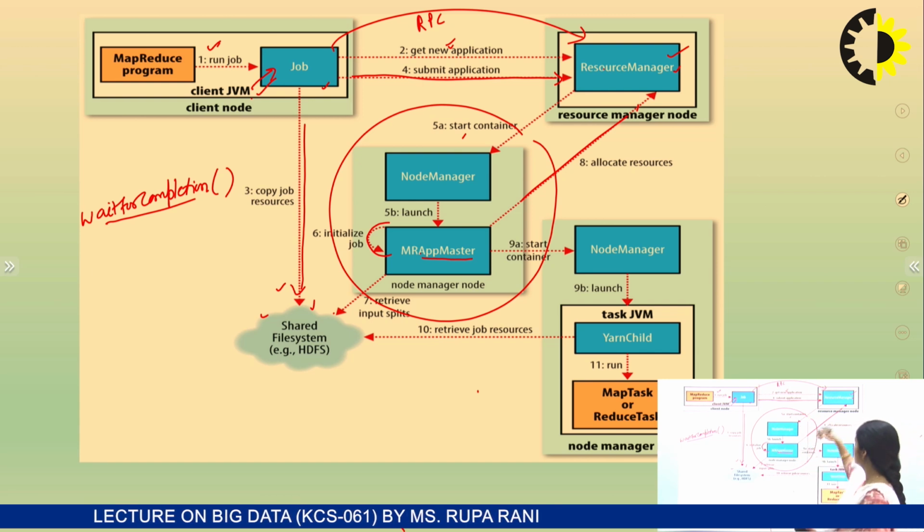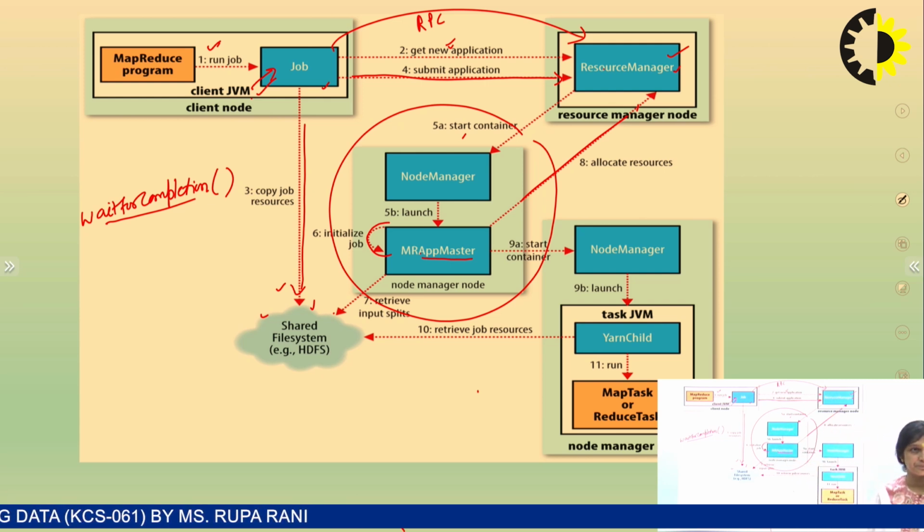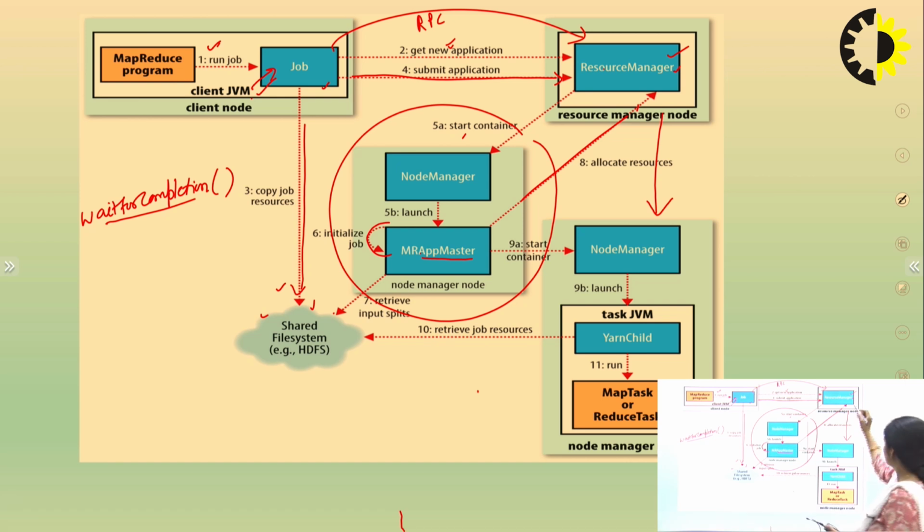Through this process, resource manager finally retrieves the input split from HDFS. After retrieving the input split, resource manager will assign the job to the task tracker.